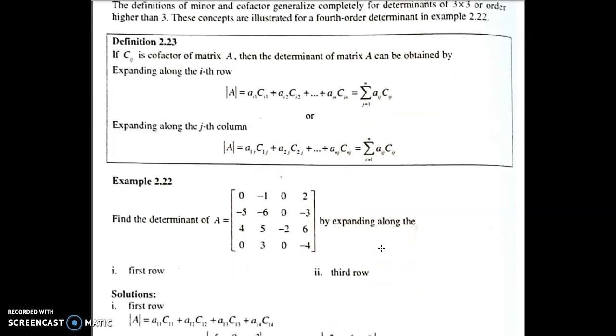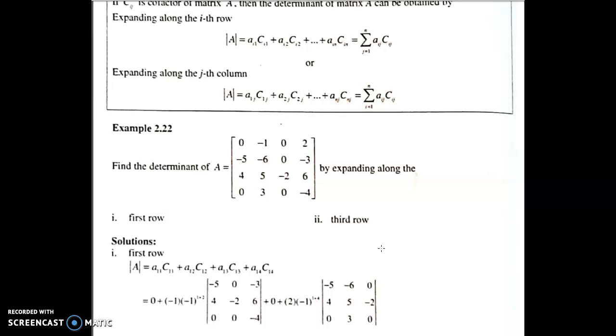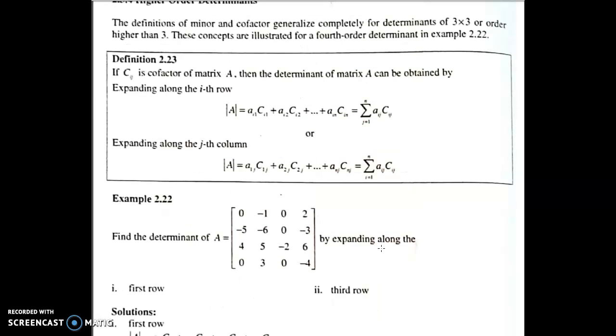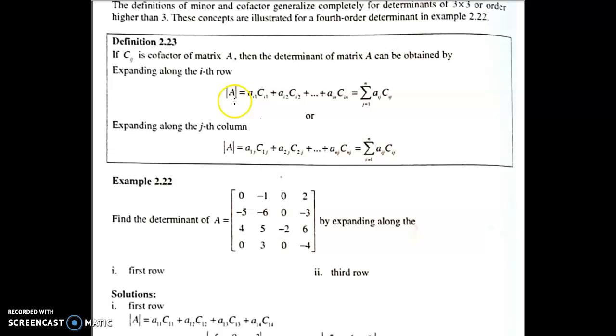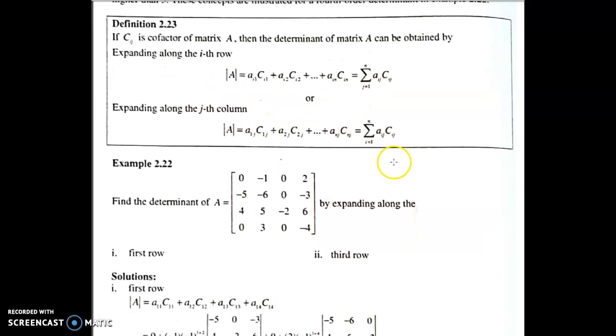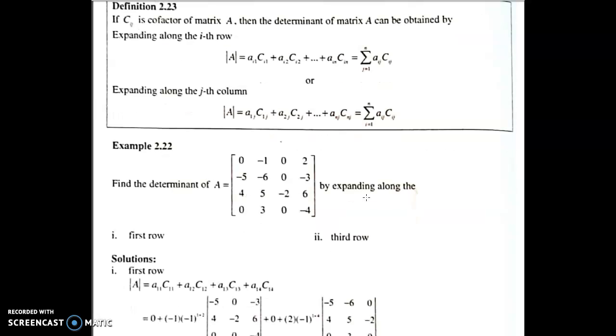Usually when people want to calculate the determinant of a higher order matrix using the method of minor and cofactor, what they do is try to find a row or column that has a lot of zeros. When there are a lot of zeros, it makes the calculation easy, because when you multiply by 0, it will always become 0.